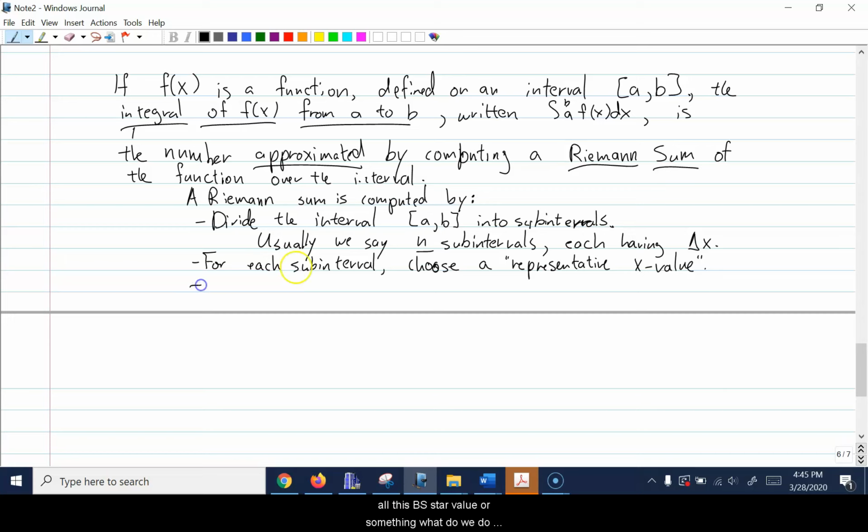What do we do with those x values? We plug those x values into the function we're integrating.